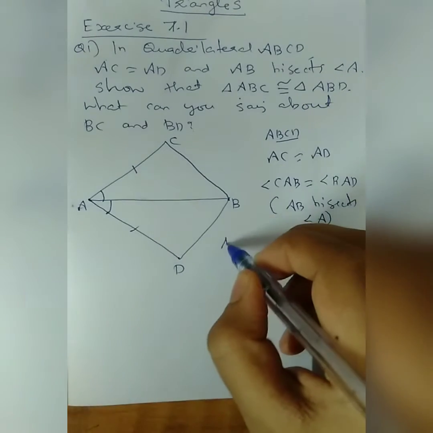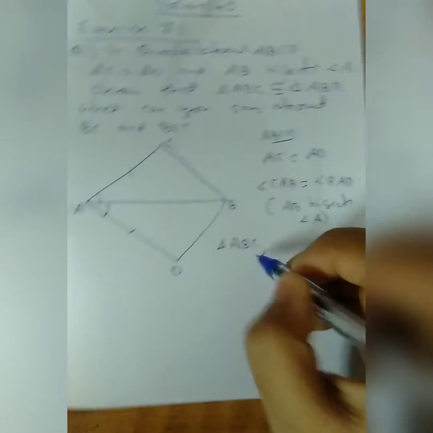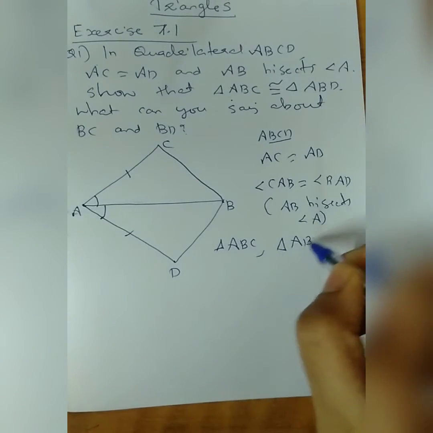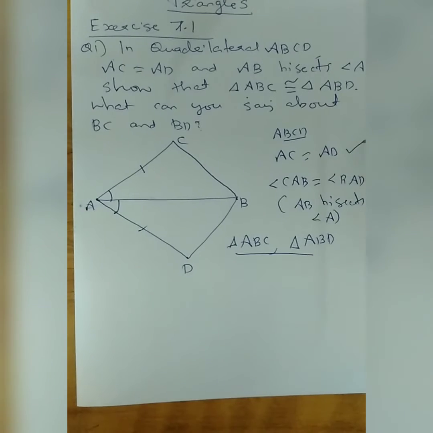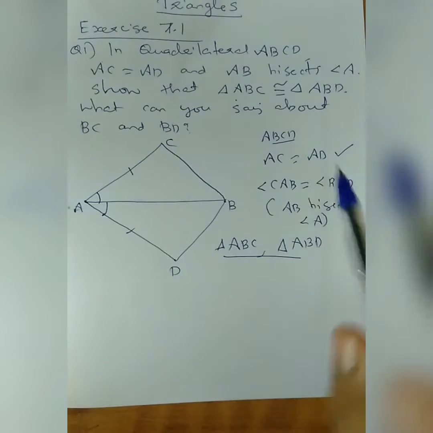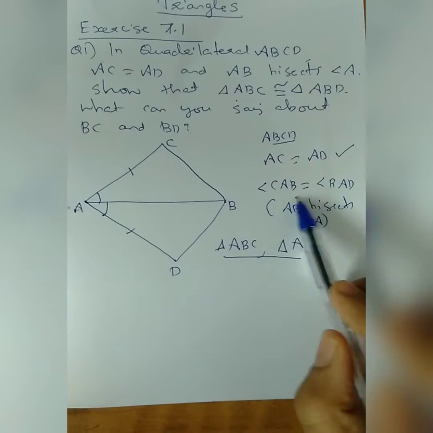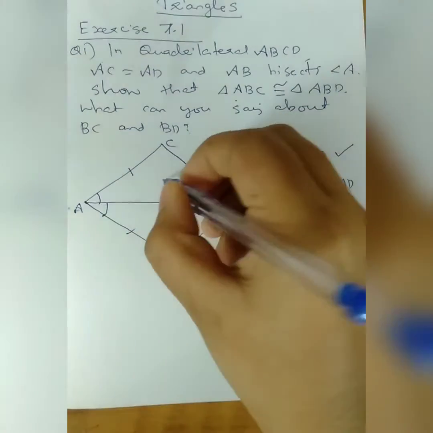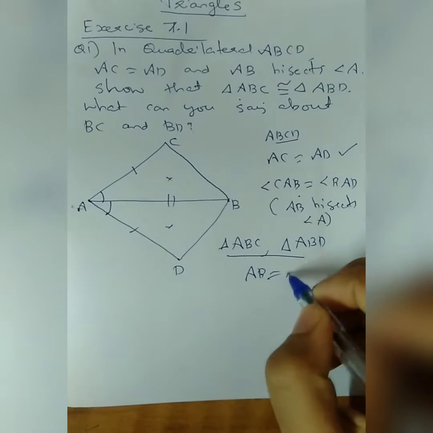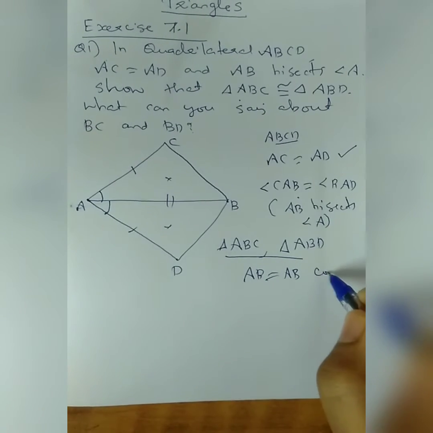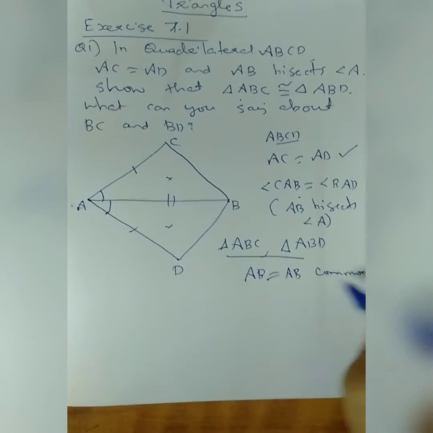Consider the two triangles ABC and ABD. Given that AC is equal to AD and also angle CAB is equal to angle BAD. In these two triangles, AB is the common side. That is, AB is equal to AB, which is the common side.